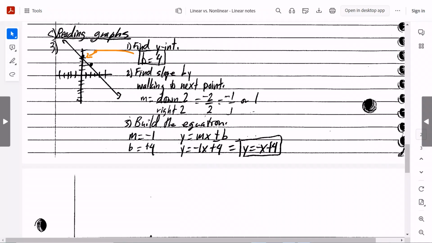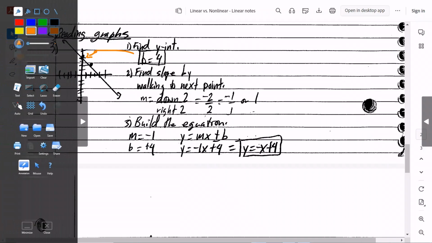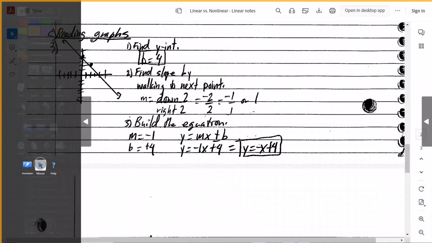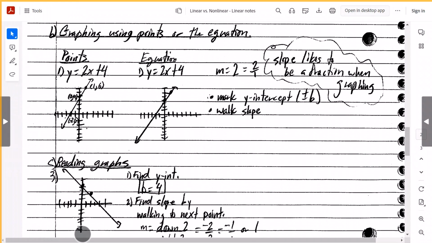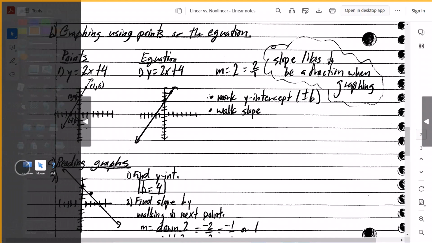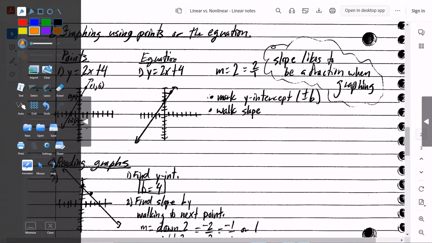So find the slope by walking to the next point. So what I'm going to do is I'm going to start at the highest point and move down to where I'm level with the lower one, okay? If it's a positive graph, I'm going to start at the bottom and work my way up. So like on this one, that one there, we started at the bottom and went up.